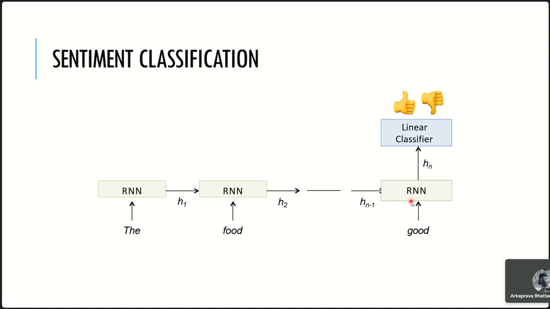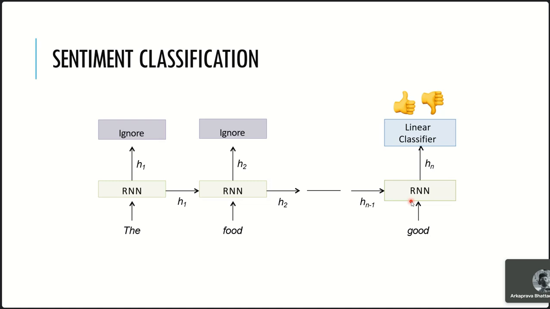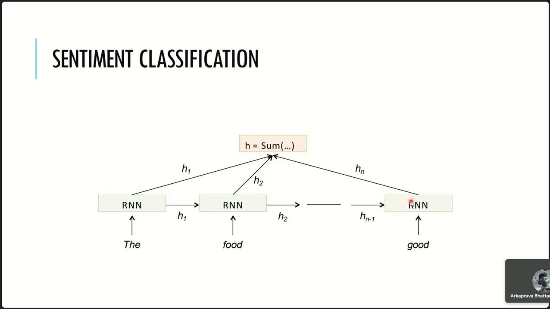We can just ignore the words the, food, and was. We can concentrate on the important information from the words really and good. Once we take only the important words in the sentence, we feed them into the classifier and say whether it is a positive or a negative class.